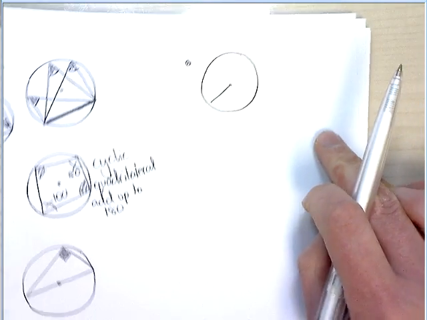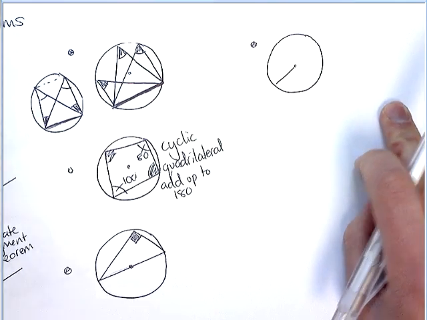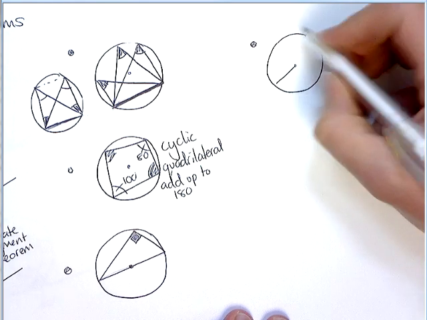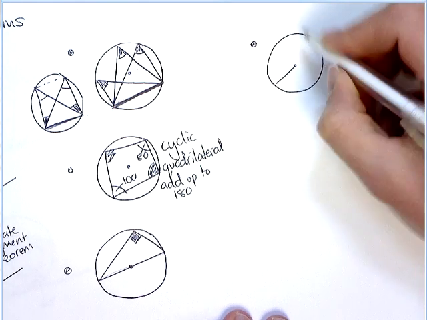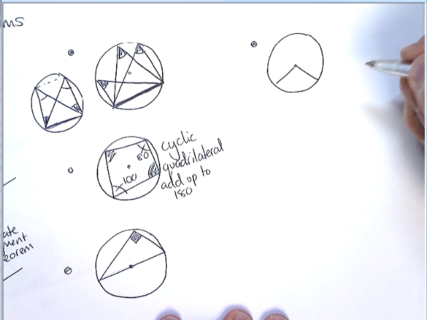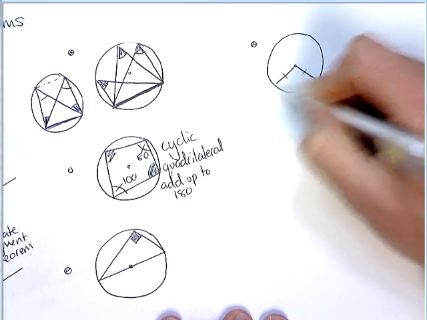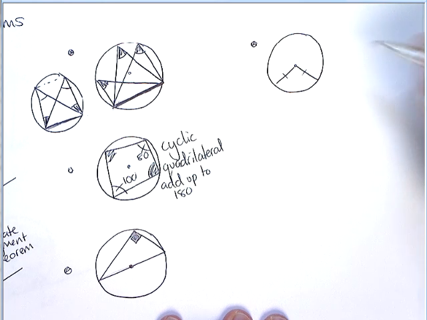Nearly there. The last one, and this can be quite often tricky, is if you have a radius. Now, if you have a radius, you'll always, well, I say always, most of the time, have another radius. So if I join these up, you should be able to see that that would make an isosceles triangle. We often use that.